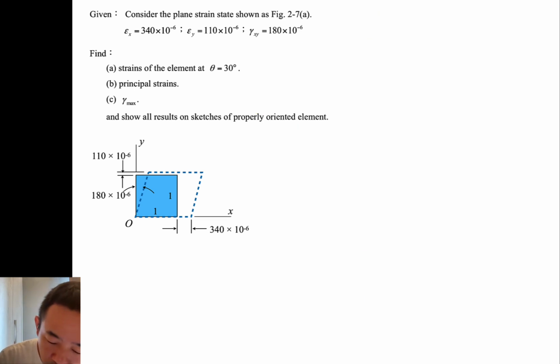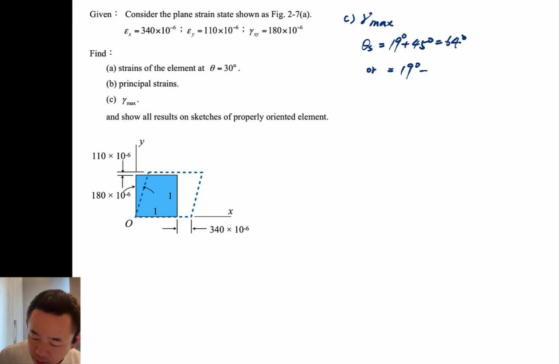Now we are going to draw the gamma max. You know that theta s equals 19 plus 45 degrees, equal to 64. And the other one is 19 degrees minus 45 degrees, so you get minus 26 degrees.